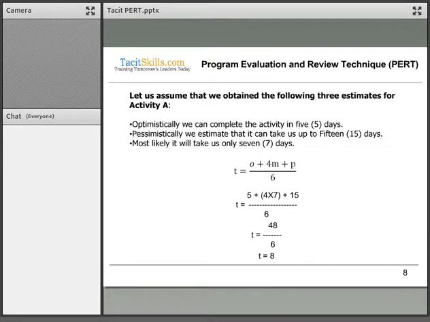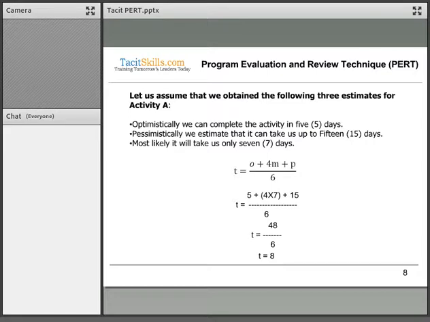If we bring that back to practice, let's assume we have obtained the following 3 estimates for an activity, activity A. Optimistically, we estimate it can take us 5 days to complete. Worst case scenario, pessimistically, it can take up to 15 days. And we've also estimated that, most likely, it takes about 7 days.